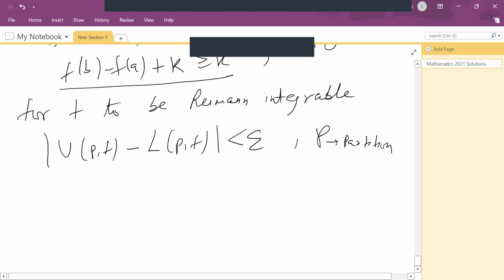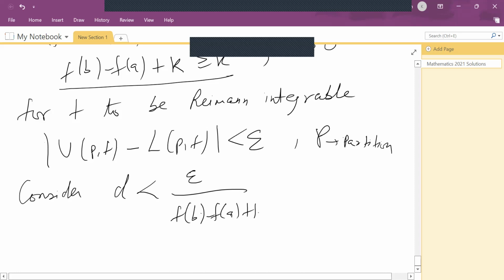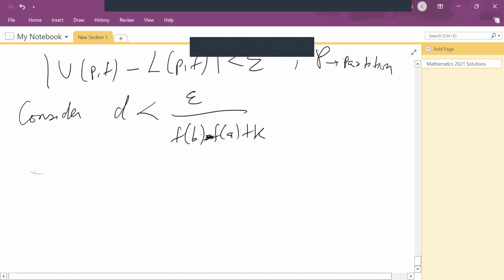So let us consider some d which is less than epsilon upon f(b) minus f(a) plus k. I considered this because it will be very useful later. Now take a partition.